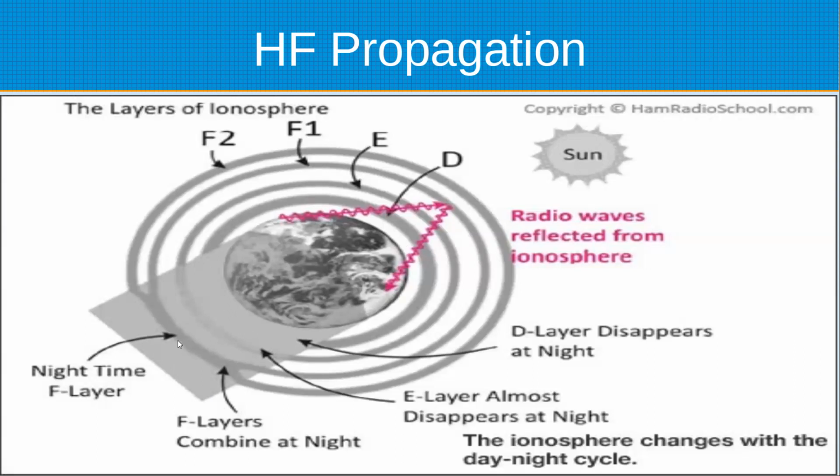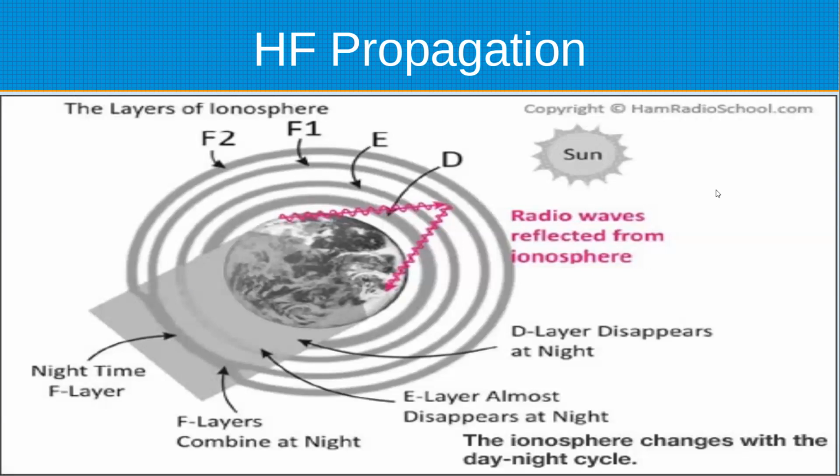Which probably means you don't get the same skip distance because the layer's not as high. And the higher it is, the farther you're going to get on that hop. Even at the same angle, if it's higher, it's going to go farther. And in the daytime, you've got all those layers in effect.